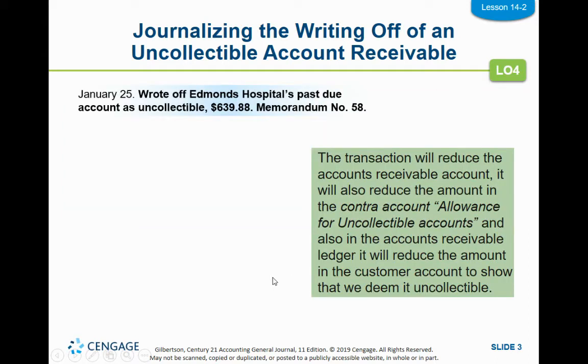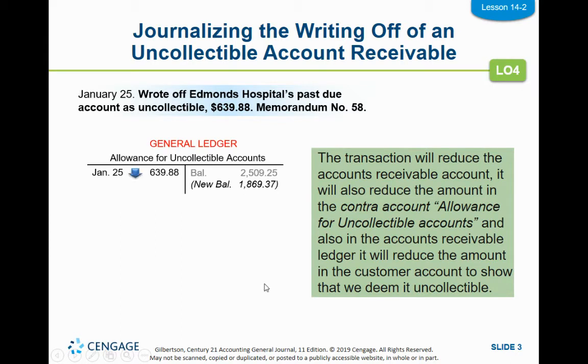So the transaction that we will do when you write off an account has to reduce the accounts receivable account. It says wrote off Edmonds Hospital past due account as uncollectible for $639.88. So the T accounts that go with that: first and foremost, we have to reduce the amount of the uncollectible account, which is a contra account to accounts receivable.